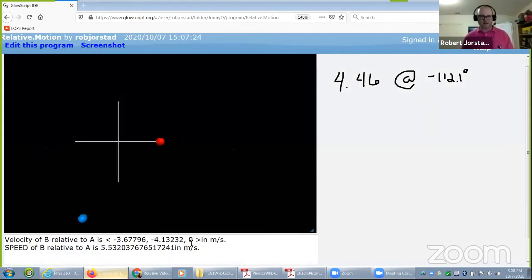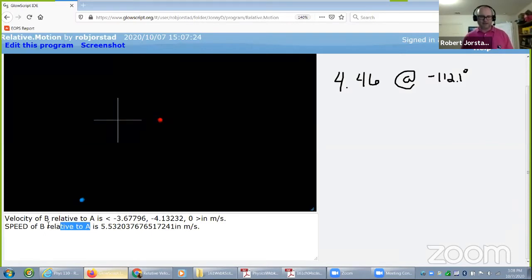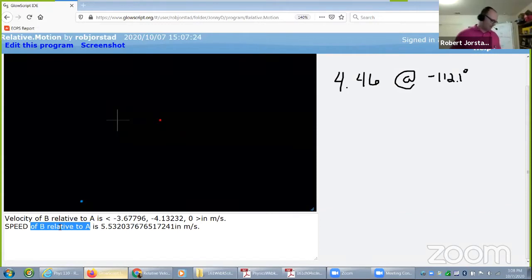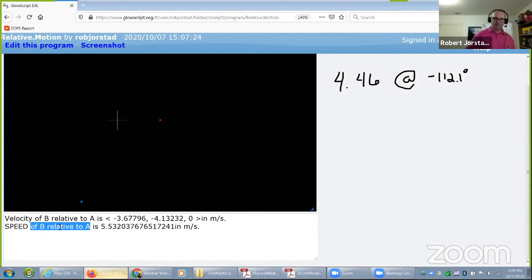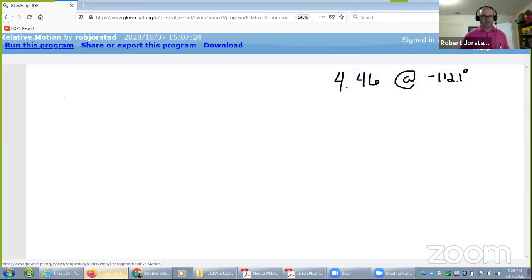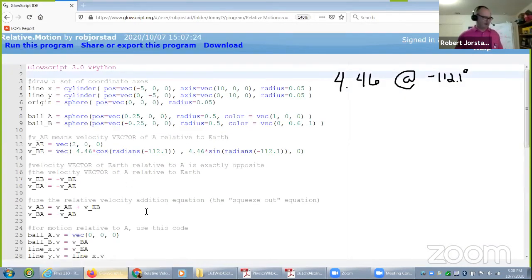So let's see. Speed of B relative to A is 5 point something. We better check. So something's messed up in this calculation. I wonder if something's wrong here. I'll take a look at this later and see if I can figure it out and send you an email, because it may be in my code actually. I'm pretty confident that we did the math right there, but I will double check that.